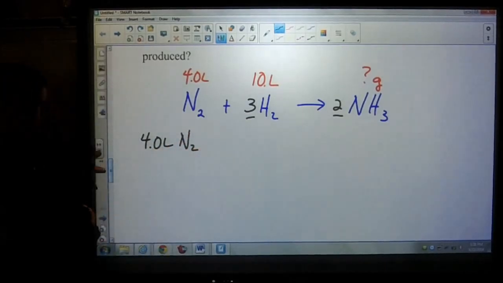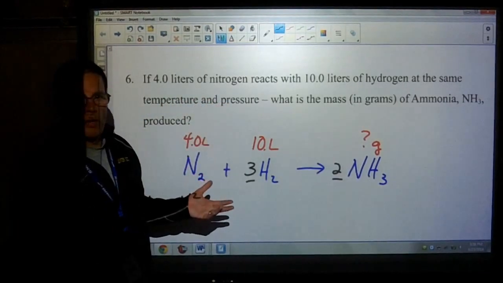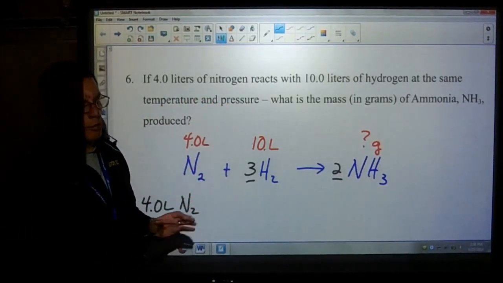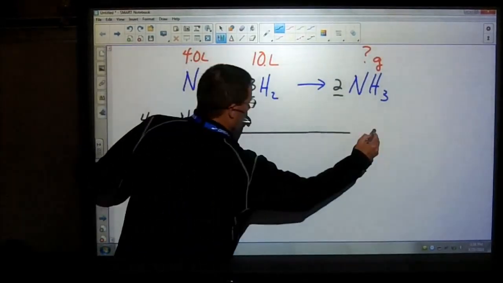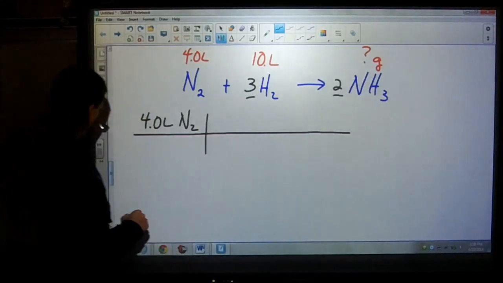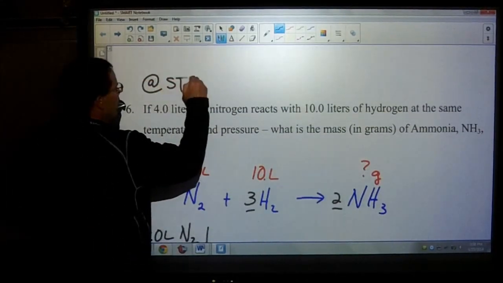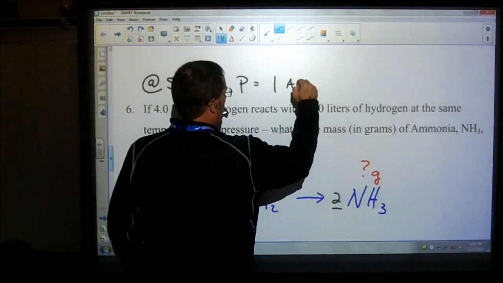And the question says that the temperature and the pressure remain the same. So ideally, you would set the conditions at STP, just to speed things along. So if we have 4 liters of nitrogen at STP, recall that if we're at STP, what that means is that our pressure is equal to 1 atmosphere.